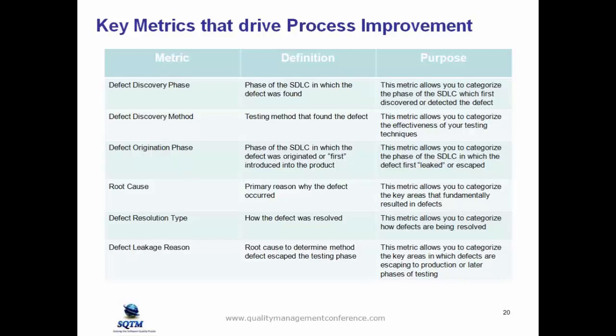Was I using equivalence partitioning, boundary value analysis? Was the developer just doing some investigative or guerrilla testing? Did I find it using a manual script, or did I find it using an automated script? And we'll get into some of these metrics in the next few slides.